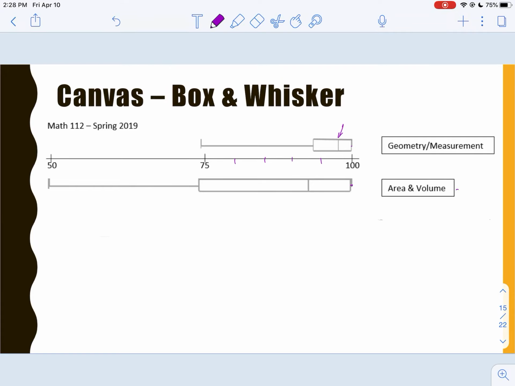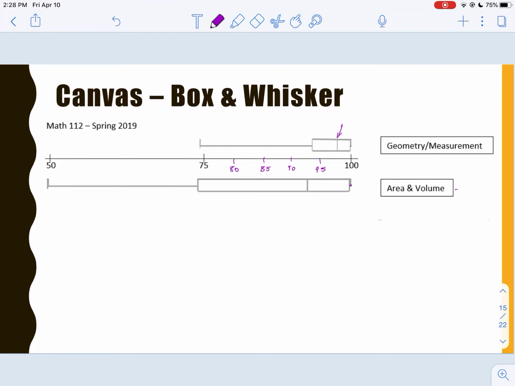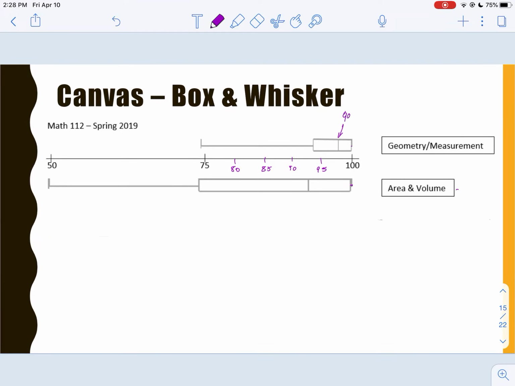I don't really have labels, so if this is 75 and 100, I'm going to split this into fifths. And so this is 75, 80, 85, 90, 95, 100. And so we see the median score here was probably about a 98, which is fantastic.